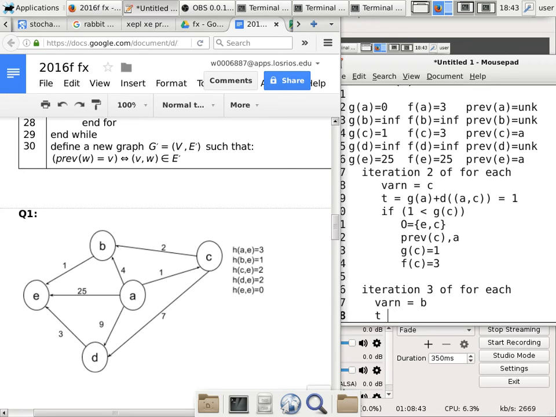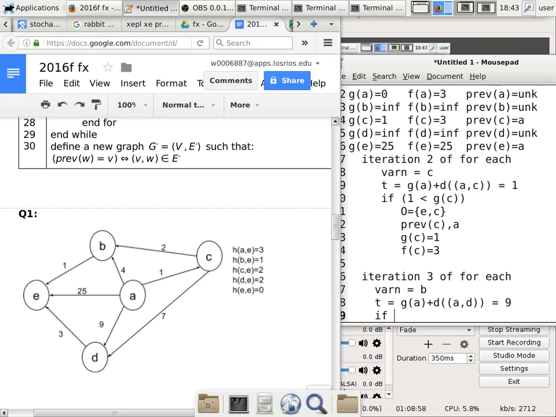Okay, so once again, we compute what is T. So T is G of A, which is known to be 0, plus D of AD. The edge AD has a cost of 9. 0 plus 9 is 9. 9 is less than infinity, which is G of D at this point. Oh, we chose B, right?